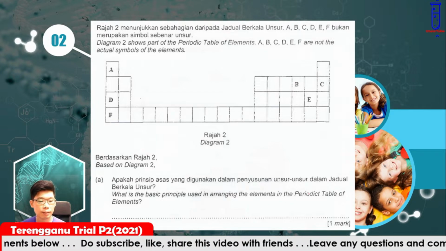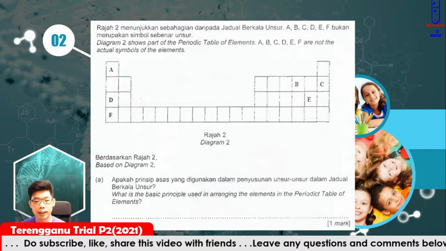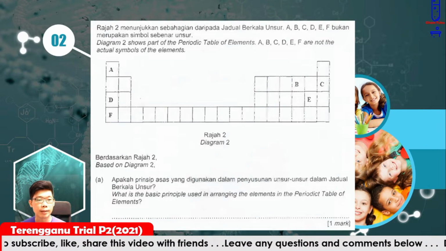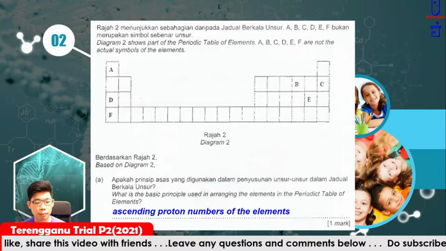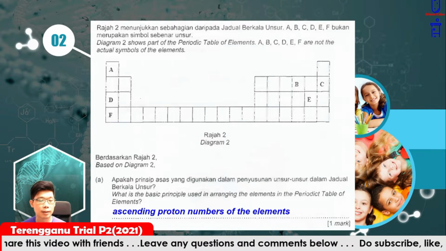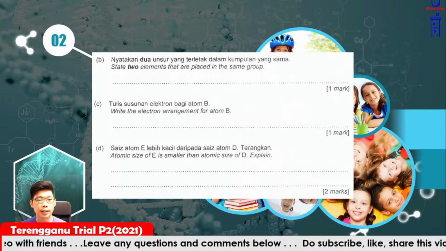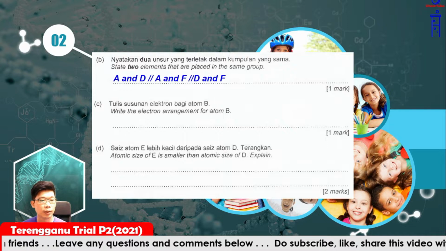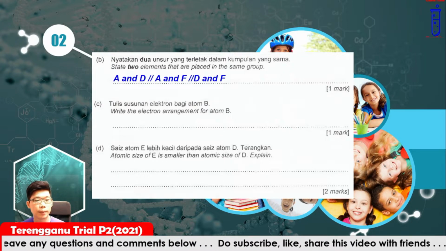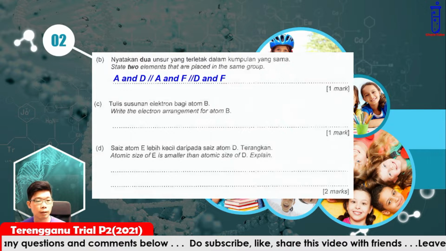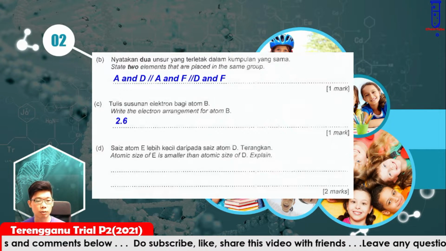How do we arrange the elements? It is in ascending order of the proton numbers of the elements. Now state two elements that are placed in the same group. Just now we mentioned there are three, so you can choose A and D, A and F, or D and F. They are from the same group. Write the electron arrangement for atom B. It is 2.6.